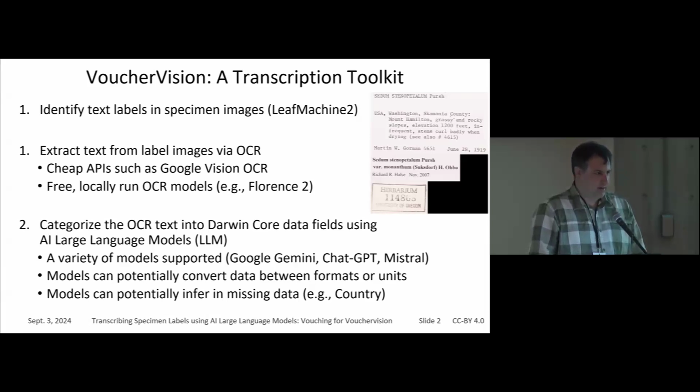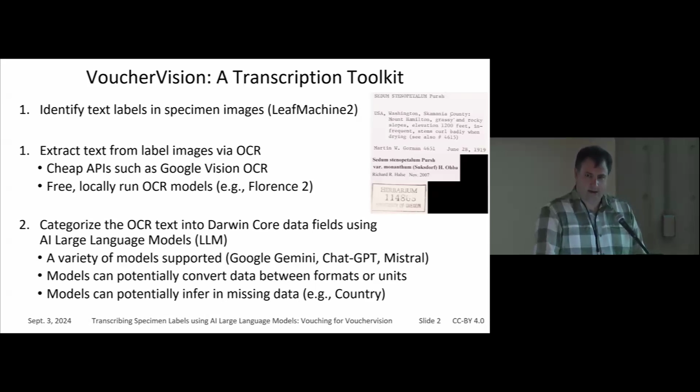But that's not really that useful on its own. The game changer for me is taking that text and giving it to a large language model, an LLM, and asking, can we categorize this text into Darwin Core fields to get that data into a usable format? VoucherVision supports a bunch of different models, Google Gemini, ChatGPT, and others.